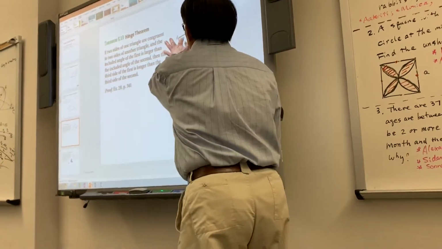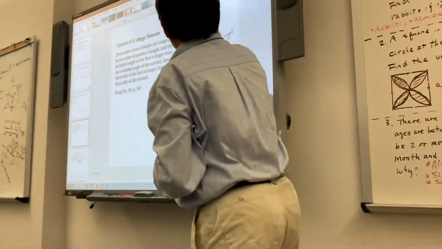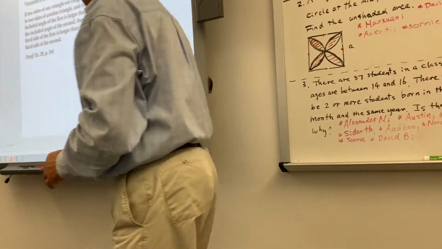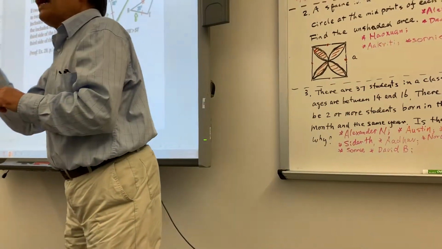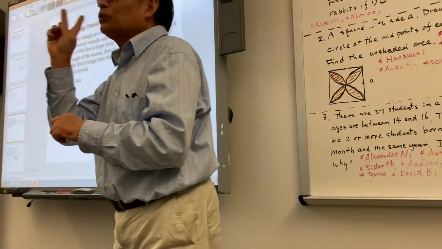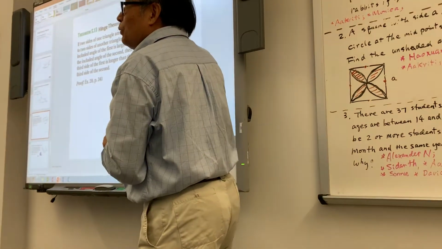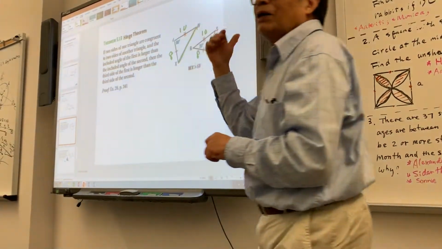Now, this angle is 88 degrees. This only 35 degrees. So this side is longer. You understand, please? Same thing. The bigger the angle is, the longer the opposite side is. But this is for two triangles. Two triangles have two corresponding sides congruent. The included angle, the bigger, the longer.